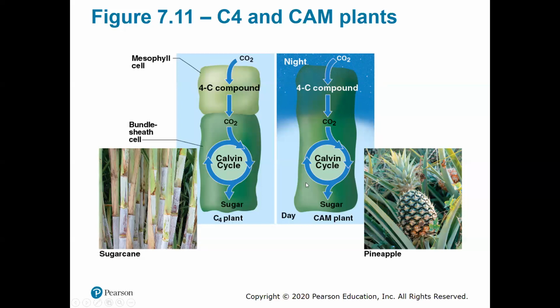And then during the daytime, when you need sunlight to undergo photosynthesis, that carbon dioxide will be stored and will be able to be used in the Calvin cycle. And so that plant can undergo photosynthesis in the daytime. So there are 3 different types of plants with photosynthesis: C3, C4, and CAM plants.